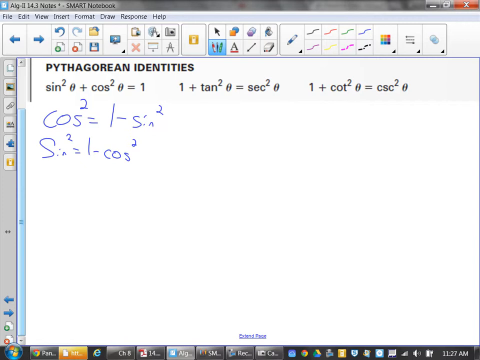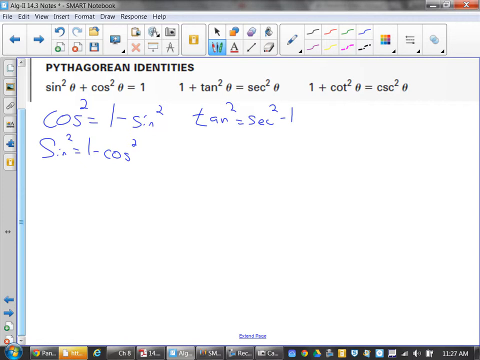Okay? Same thing with the next one. 1 plus tangent squared is secant squared. Another way you see this a lot is tangent squared is secant squared minus 1. You normally don't see 1 equals secant squared minus tangent squared. That's very rare. Okay?